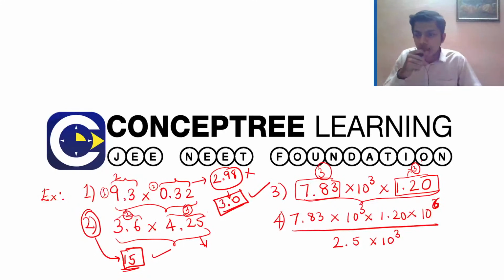So in that case, our answer would be in three significant figures. How much will it be? It's 9.396. So the answer will be 9.40.